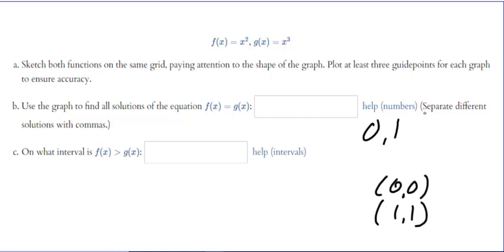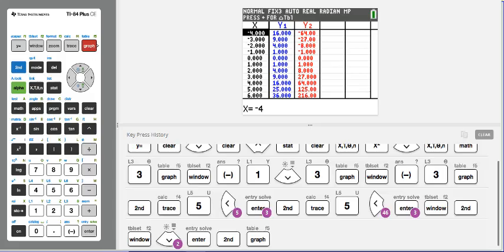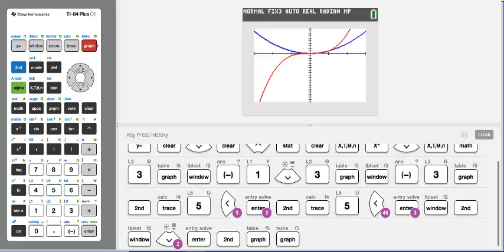Okay. So if we know that, these are my x values. They go in here, right? And on what interval is f of x squared greater in outputs than x cubed? So let's go look at our graphs. Well, it's going to be greater from negative infinity to 0. Well, let's look at this.